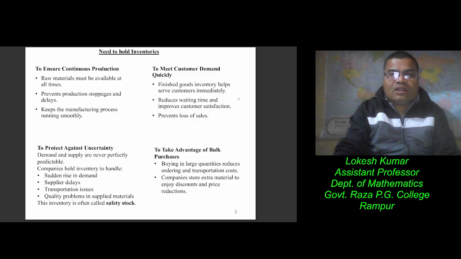Second one is to meet customer demand quickly. The finished goods inventory helps serve customers immediately, reduces waiting time and improves customer satisfaction. It prevents loss of sales.